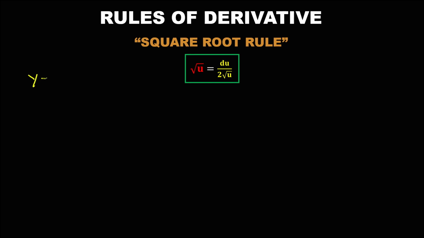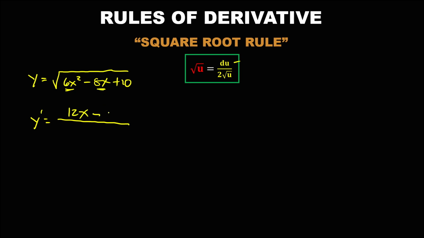Then if the given y equals the square root of 6x squared minus 8x plus 10, again to find the derivative, in the numerator, the derivative of u, the derivative of 6x squared is 12x minus the derivative of 8x, that's 8. Then over 2 times the given square root of 6x squared minus 8x plus 10.